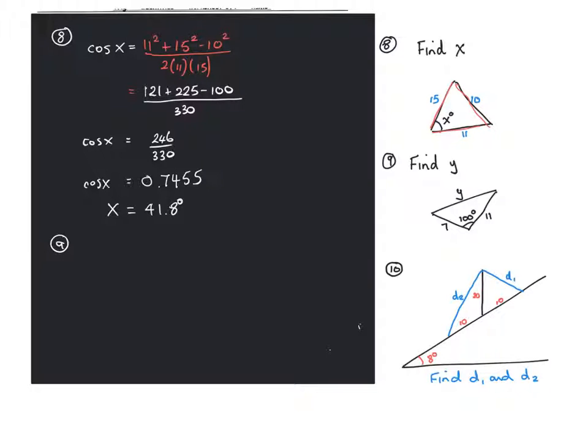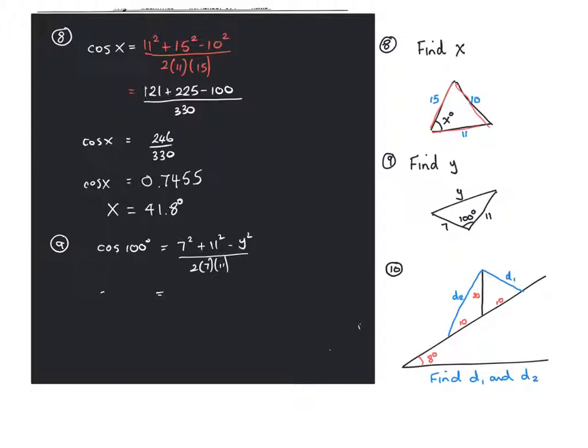Question 9 says find y. Again, we're going to use the cosine rule, so cos 100 equals 7 squared plus 11 squared minus y squared all over 2 times 7 times 11.